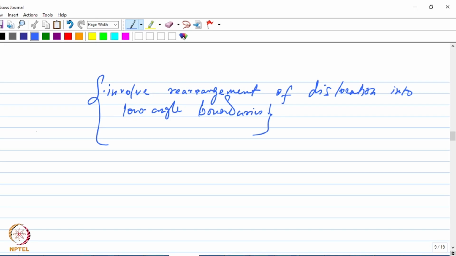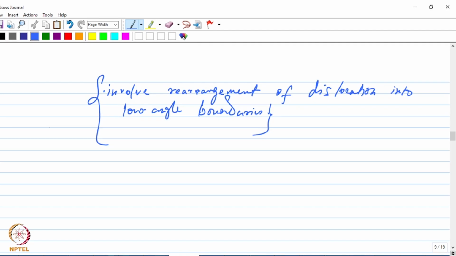In order for the misorientation to increase, more and more dislocations have to come and join these boundaries. Dislocations have to accumulate along these boundaries, and you would also need some lattice rotation in order to increase the misorientation further, so that these low angle grain boundaries can develop into high angle grain boundaries and you can form the recrystallized grains.